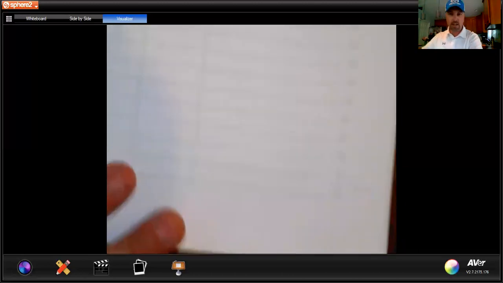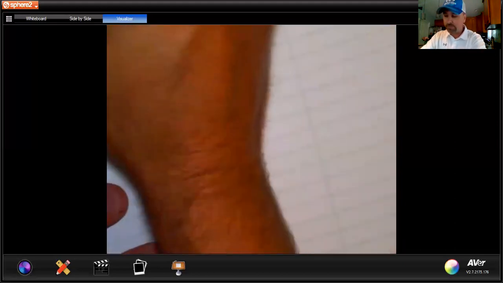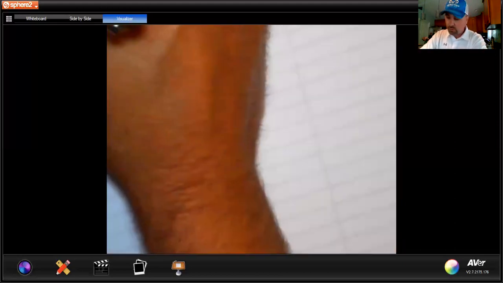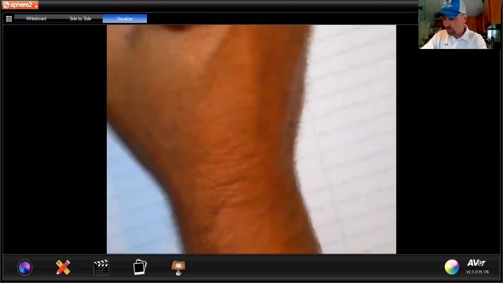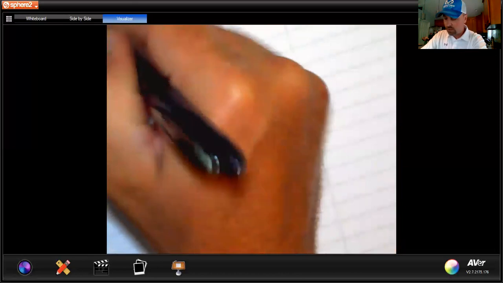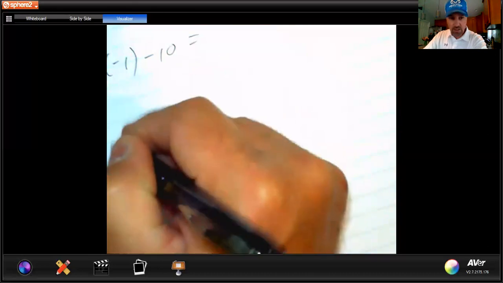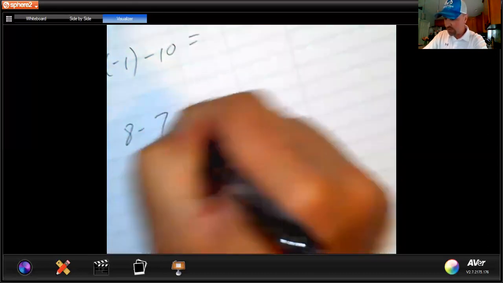And just in case it's not showing, we're doing number 11, which is 2 minus negative 2. Number 12 is negative 1 minus 10. Number 13 is 8 minus 7.